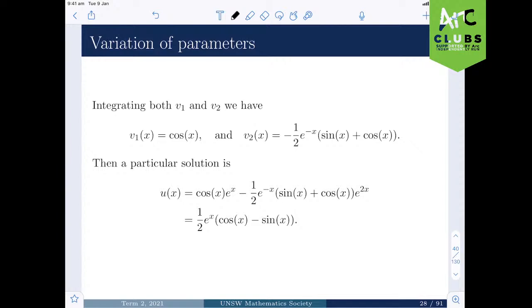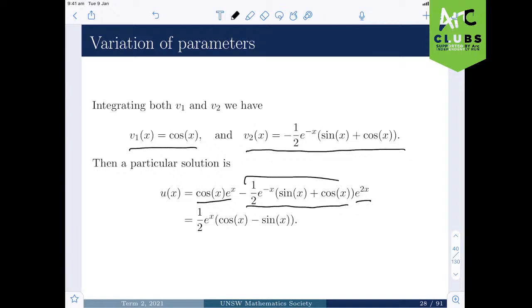So integrating these, trust me, v1 equals cos x, and v2 is this. It's just using integration by parts, just a bit tedious doing it here. And so for the particular solution, we get cos x e to the x minus this times e to the 2x.